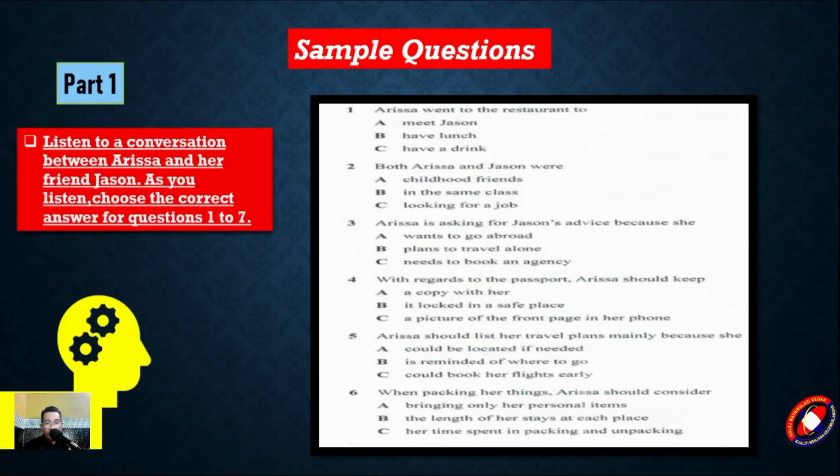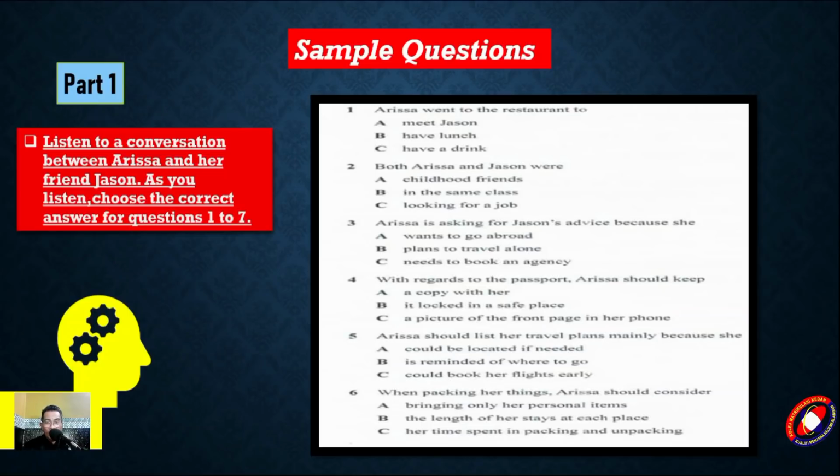And 4, with regard to the passport, Arisa should keep A, a copy with her, B, it locked in a safe place, and C, a picture of the front page on her phone. And number 5, Arisa should list her travel plans mainly because she A, could be located if needed, B, is reminded of where to go, and C, could book a flight early.